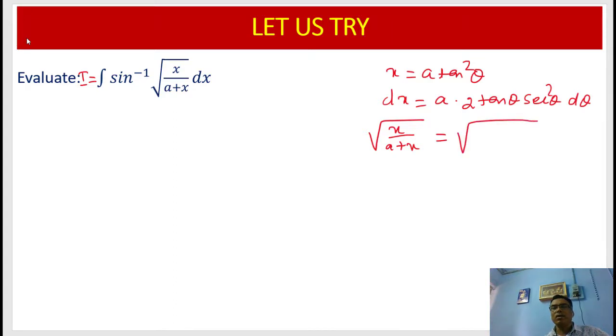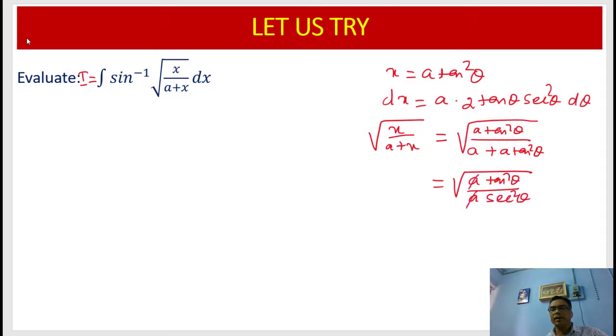Under root a tan square theta by (a plus a tan square theta). In the denominator I will take a common. 1 plus tan square theta is sec square theta. So it is a tan square theta by a sec square theta.